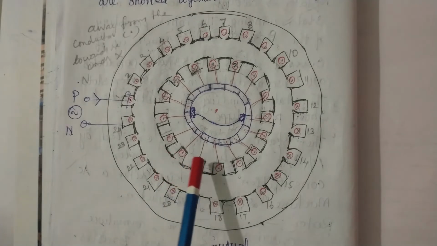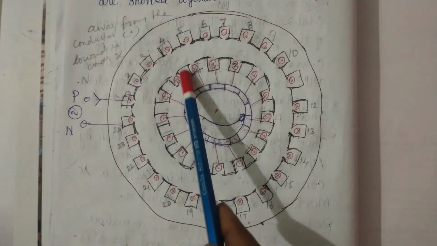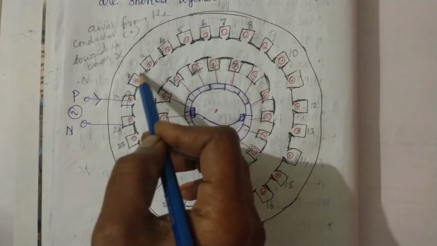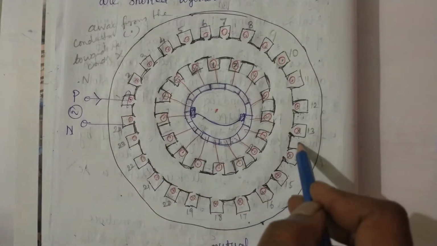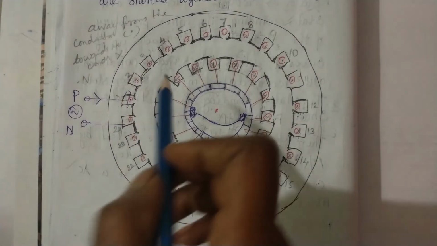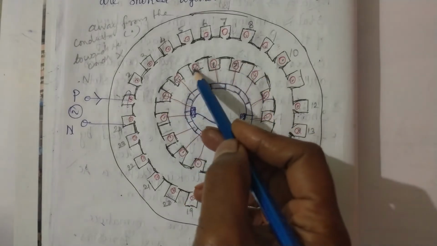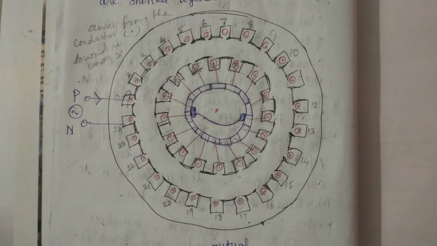We have to follow the reverse symbol on the rotor side. For example, on the stator side I have taken the dot symbol in the upper portion and the cross symbol in the bottom portion. But on the rotor side I have taken the reverse: the upper portion is cross and the bottom portion is dot.